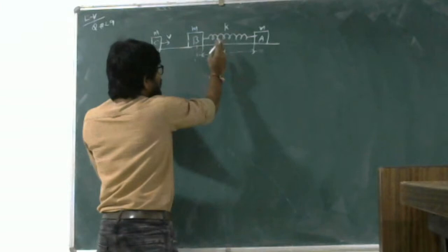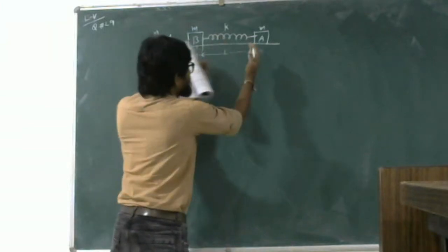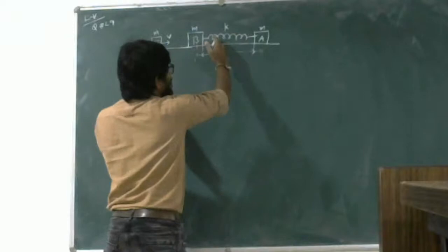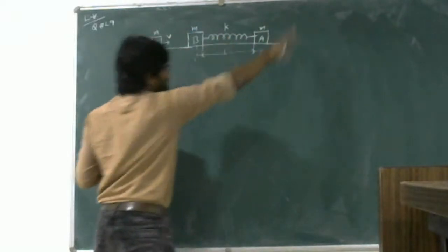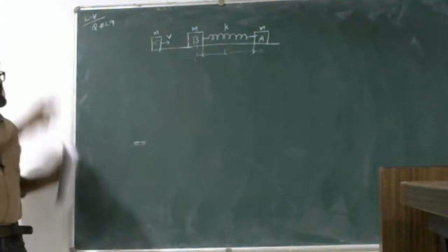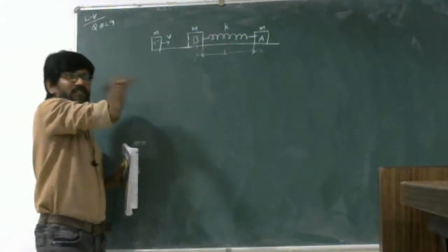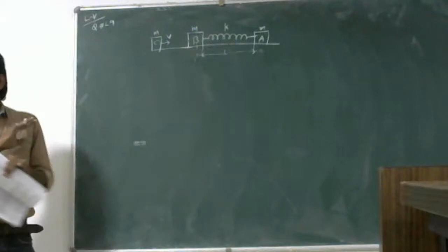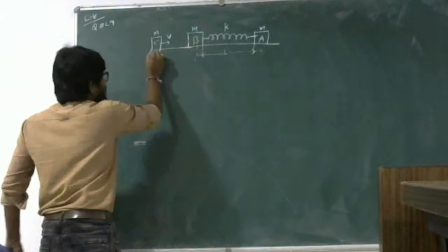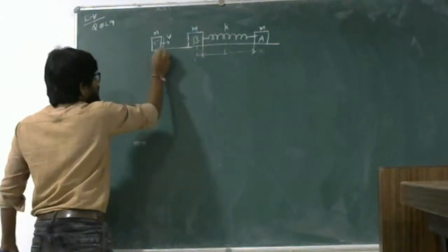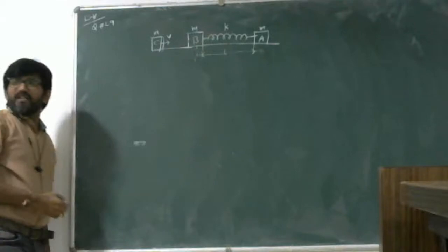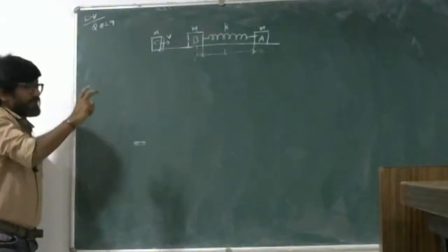Once the spring compresses completely, then B presses A also, so A also starts moving, because the surface is smooth. No energy loss takes place, no momentum loss takes place. Whatever momentum C is giving will be transferred, and they will move with the same momentum as in the initial case.